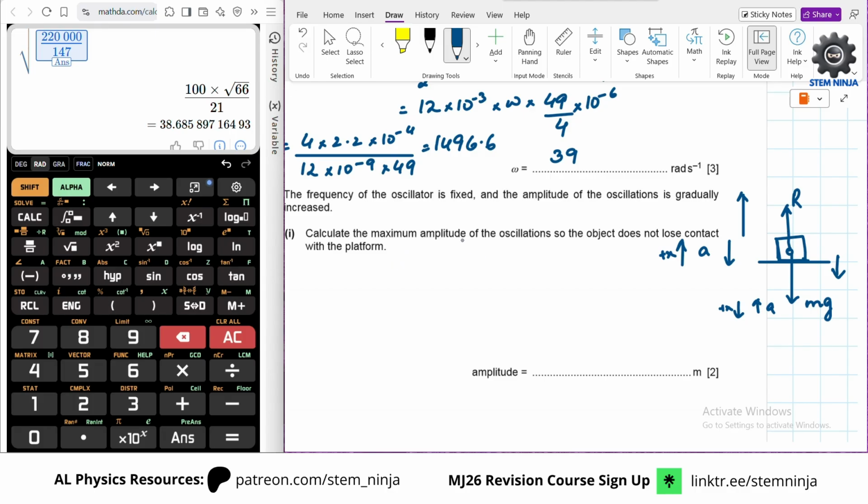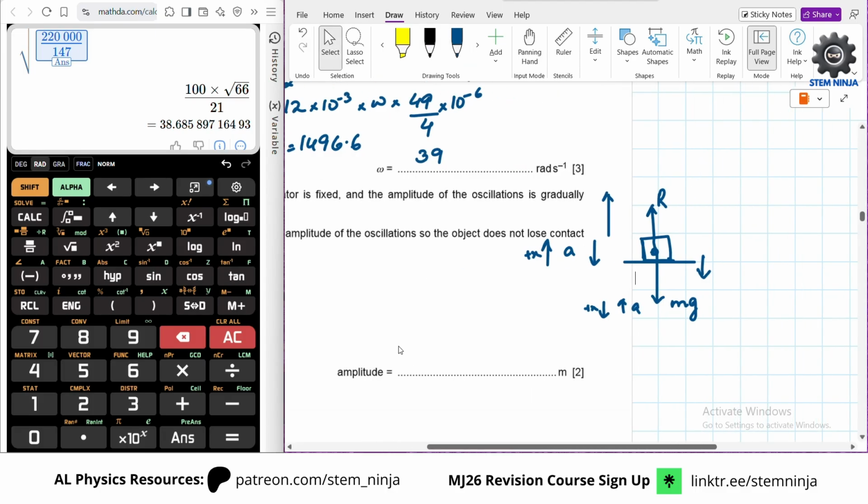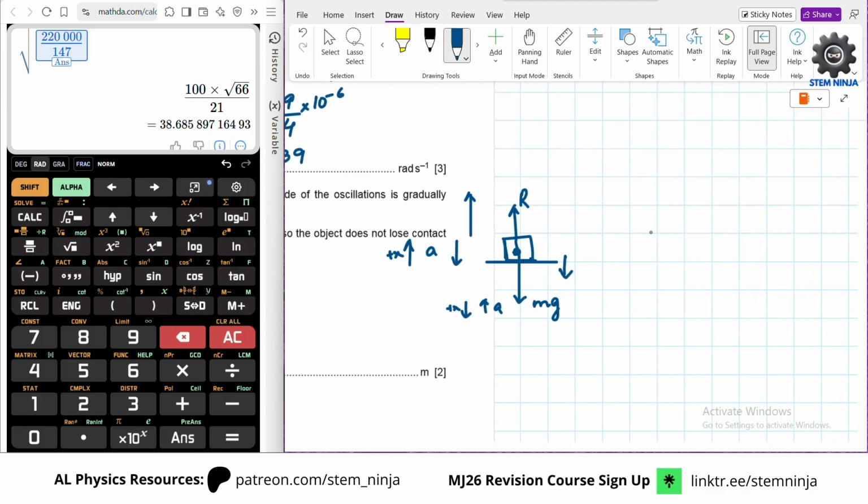So acceleration is always in the opposite direction. So we need to find out the maximum amplitude of the oscillations so that the object does not lose contact with the platform. So we need maximum displacement. Let's see how we can actually do that. So if we have the force over here, we can find out the maximum acceleration also.